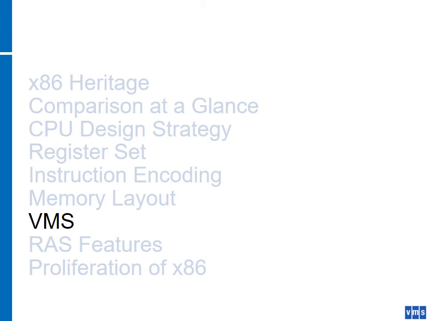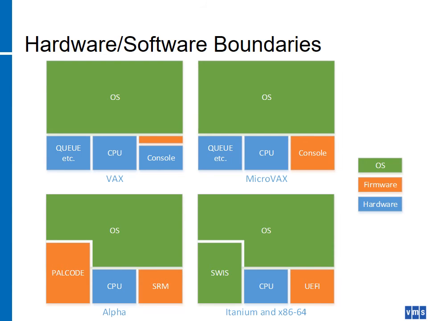So what I would like to look at now is how VMS maps onto the hardware and where the boundaries are between hardware, firmware, and the operating system. If you look at the original VAX, the 11/780, it's got a CPU that implements the VAX instructions in hardware. The console is also a separate piece of hardware in this case. In the VAX 11/780 that was a PDP-11 that was part of the system, and then of course there's a little bit of firmware that runs on top of that console system to actually run a program, but most of what the operating system had to interact with was pure hardware.